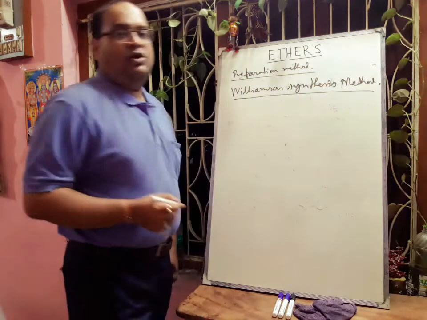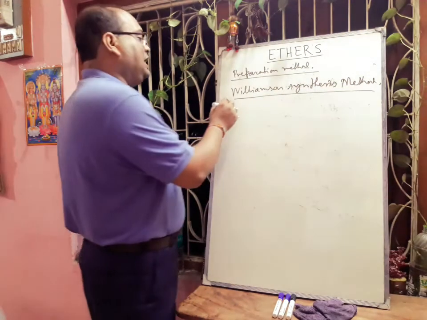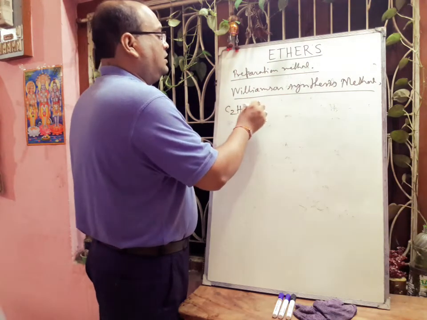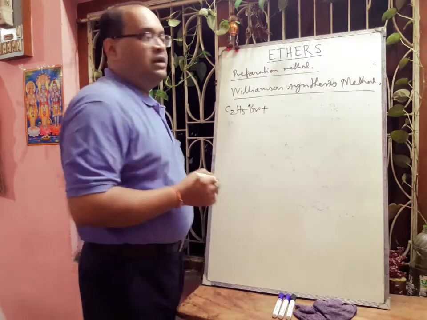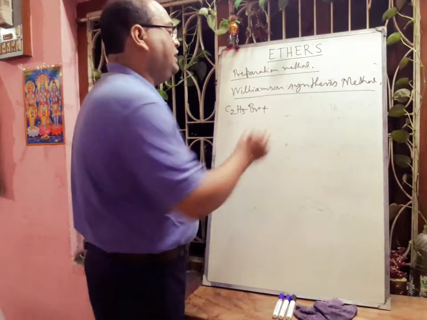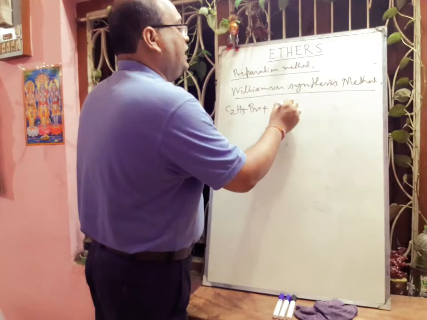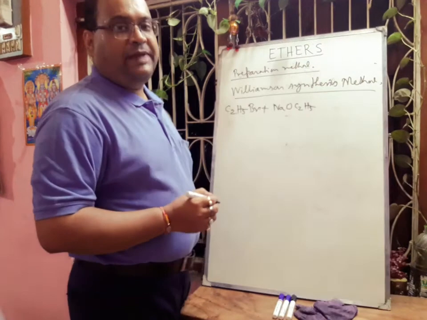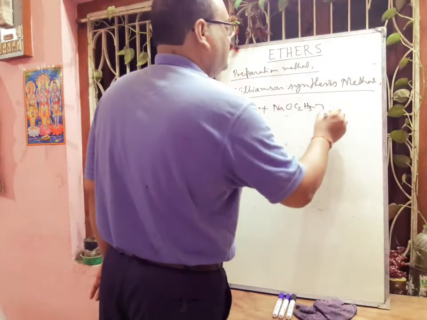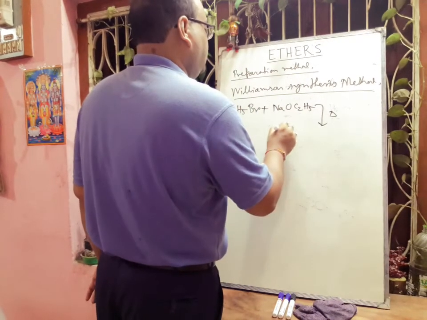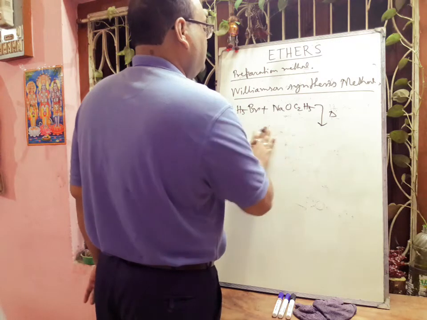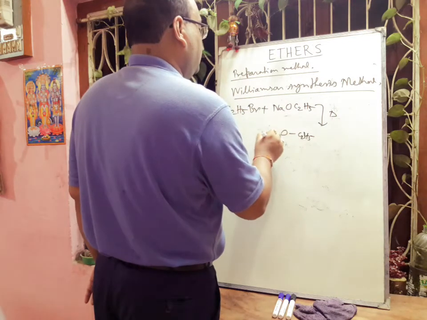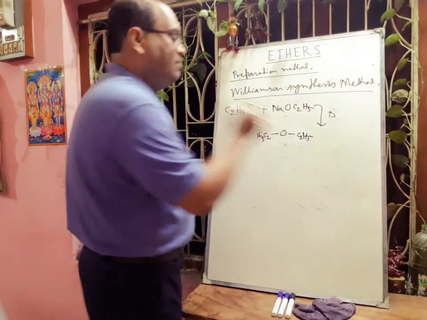In this method, we have to take one alkyl halide like C2H5Br and one alkoxide like sodium ethoxide, NaOC2H5, and if we apply heat, then there will be formation of C2H5OC2H5. This is diethyl ether plus NaBr.